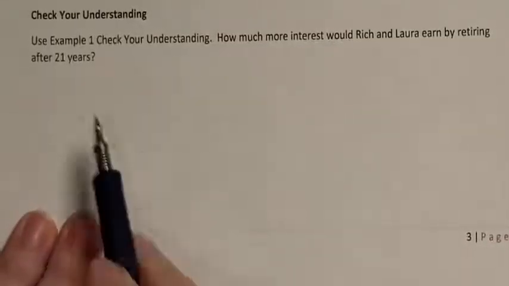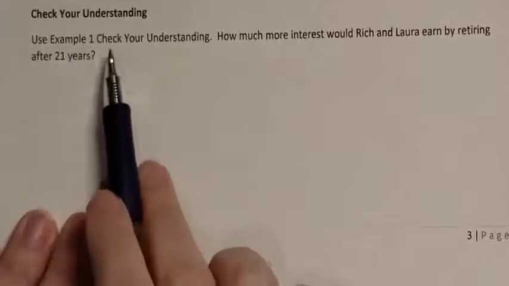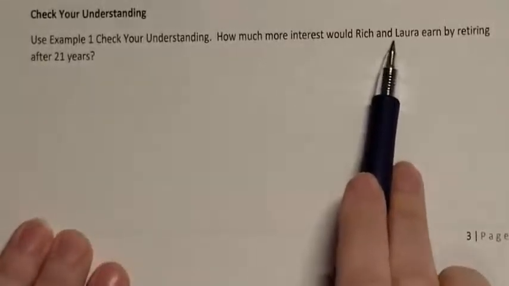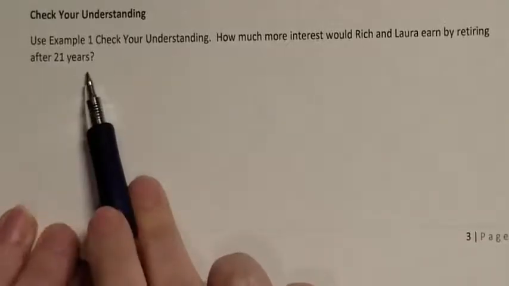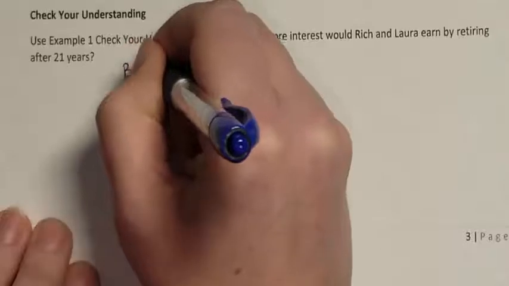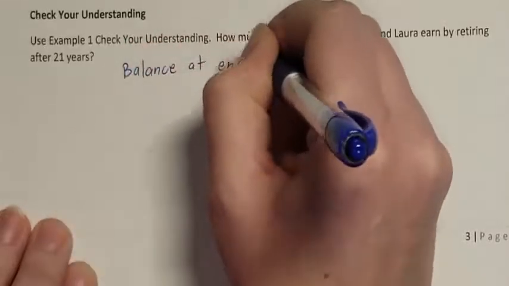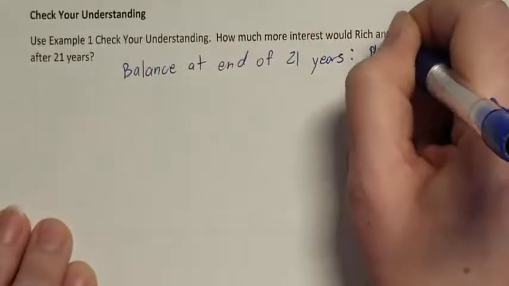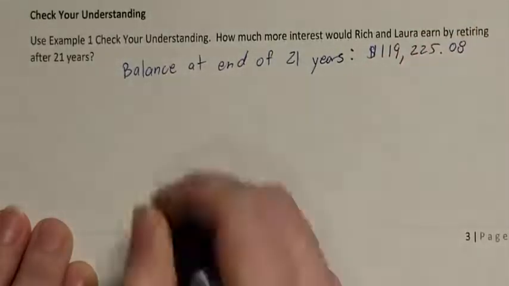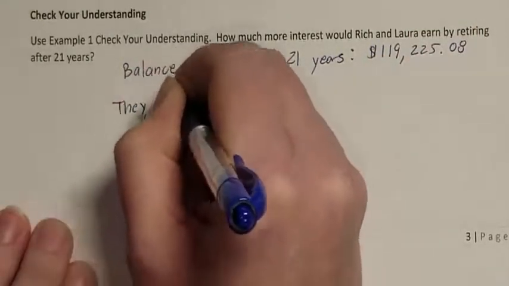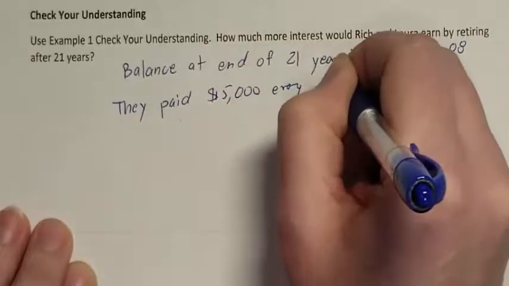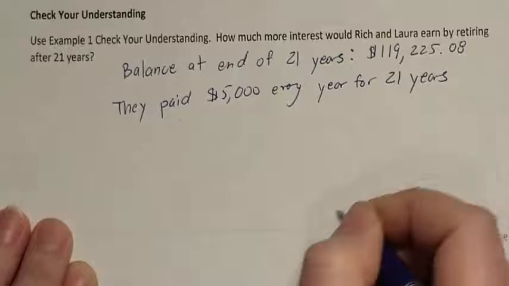Let's check your understanding. Use the example 1, check your understanding. So we're going to use that one. How much more interest would Rich and Laura have earned by retiring after 21 years? So following the same thing, the balance at the end of 21 years was $119,225.08. They paid $5,000 every year for 21 years. So how much money did they put in?